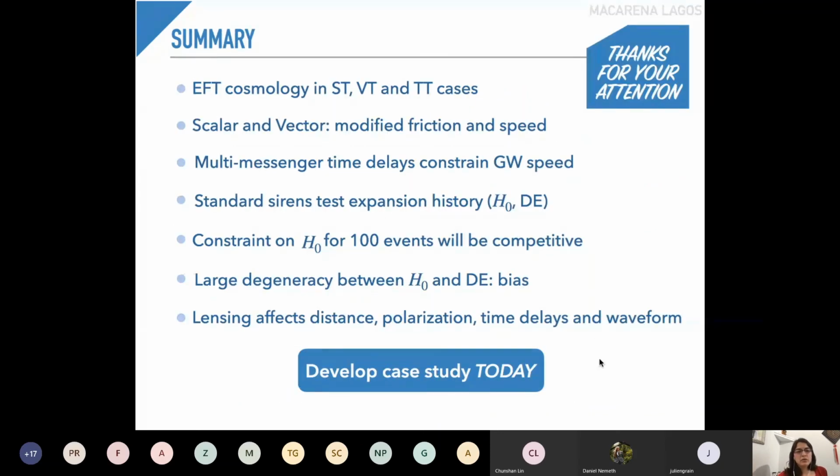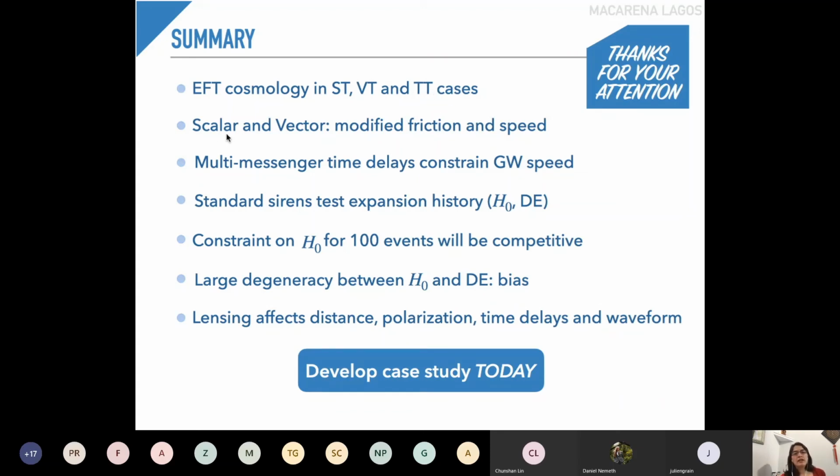So just to summarize, I first discussed that we can use an effective field theory approach to describe cosmological models beyond the LCDM model, and I mentioned 3 different examples where you could apply this effective field theory approach. One that describes scalar tensor theories, the other one vector tensor, and the third one tensor bimetric theories.